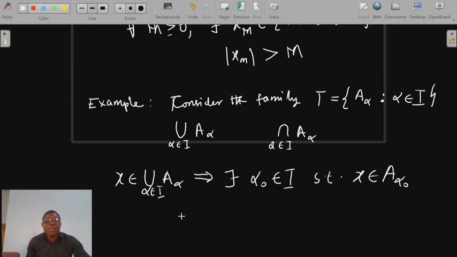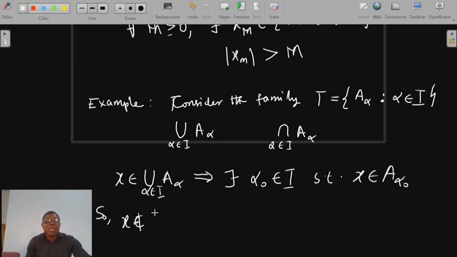What does it mean that x is not in the union? This is the symbol for x is not an element of; remember this is element of.